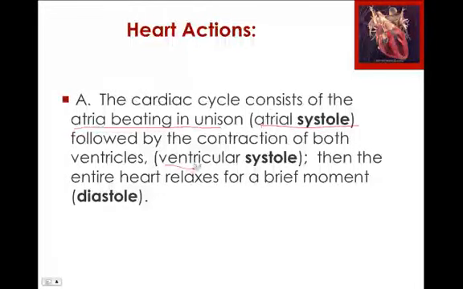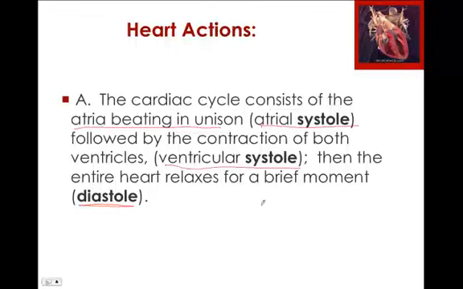Okay? And then the entire heart will relax for a very brief moment. So again, the atria will be in diastole, both ventricles will be in diastole. And that's what we call diastole, that momentary relaxation of both the atria and the ventricles.